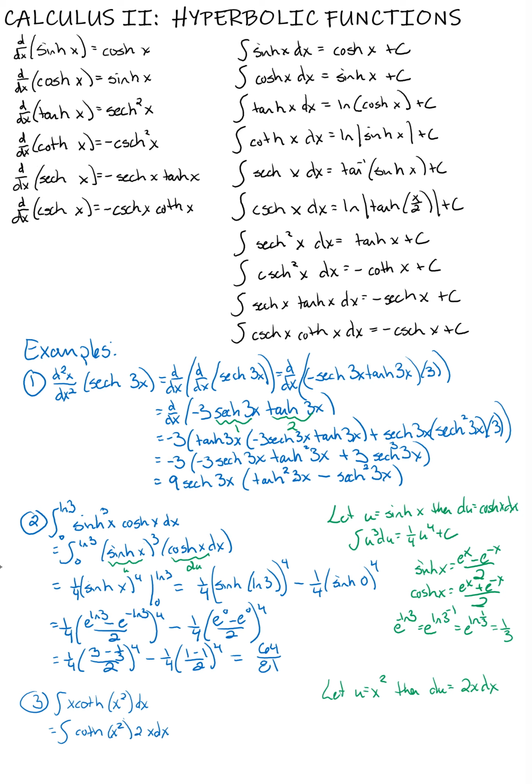If I put a 2 in here, I'm going to have to balance that out with a 1/2 in front. So now here is u, and back here in the back that all is du.